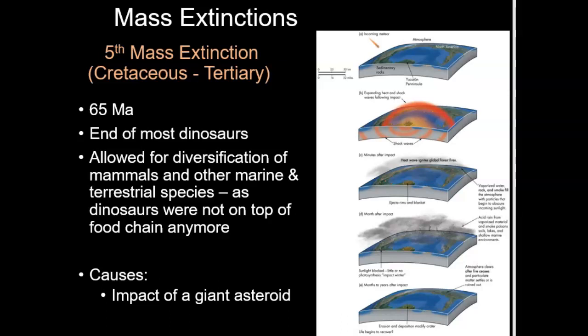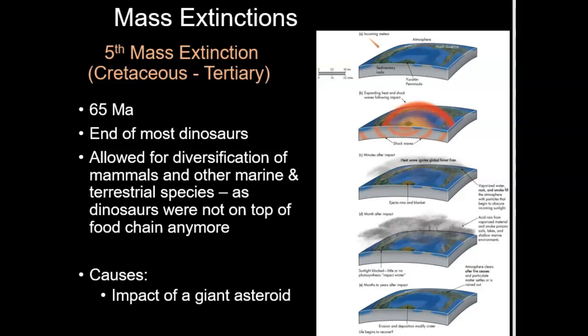Because part of the impact also occurred in the ocean, and I think the book has a little bit of a better image, you can see that about half of it occurred in the ocean. There were plenty of tsunami waves that also occurred, and they hit all of the continents pretty much, especially North America, which was the closest one.